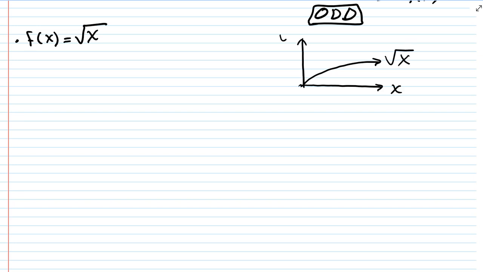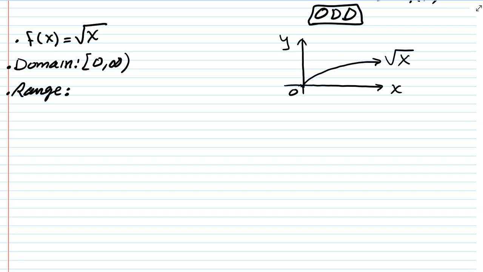That's x, and there's your y coordinate system. Here's 0. Notice square root of x was only defined for positive values of x. That's when the radicand is positive. So here we go. Domain is going to be from 0 to infinity, including 0, because the square root of 0 is 0. What about the range?